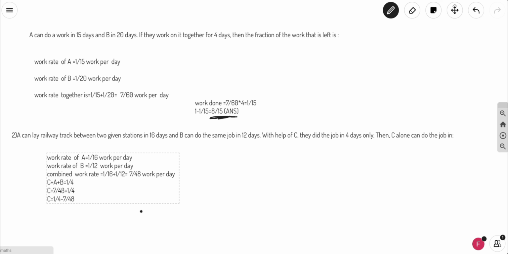So C plus 7 by 48 is equal to 1 by 4. C is equal to 1 by 4 minus 7 by 48 work per day. We have to take the LCM and sum it. 5 by 48 is the work rate of C.